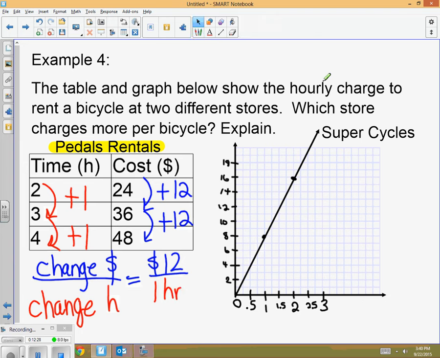So that means every hour of the rental for the bicycle will cost $12. It is changing at the same rate, so it is a constant rate of $12 per hour.